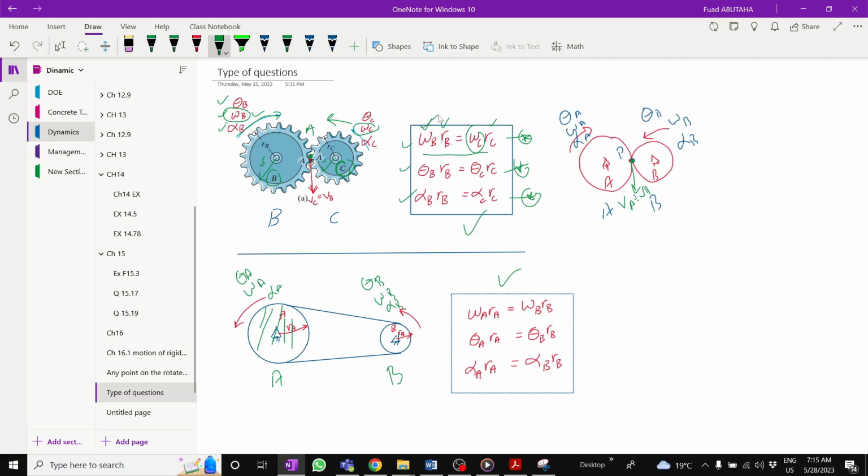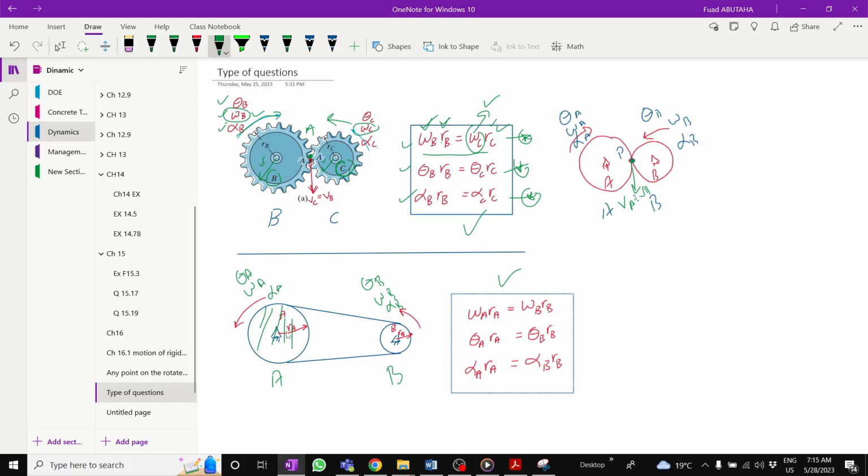Omega of B is given, the radius of B is given, and the radius of C is given, so you can easily calculate the omega of C. The same goes for theta B R_B equals theta C R_C, or alpha B R_B equals alpha C R_C. So you need to know these questions and determine what is available, and based on this equation you can find what is required.